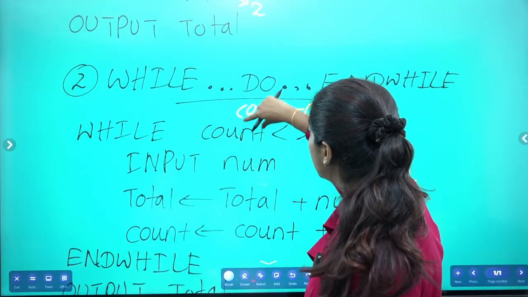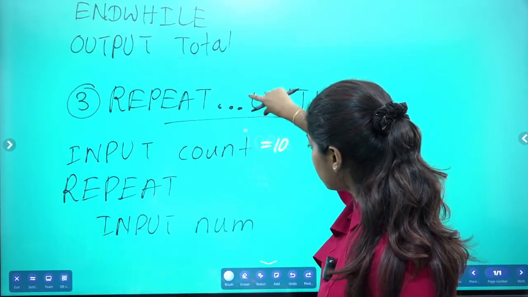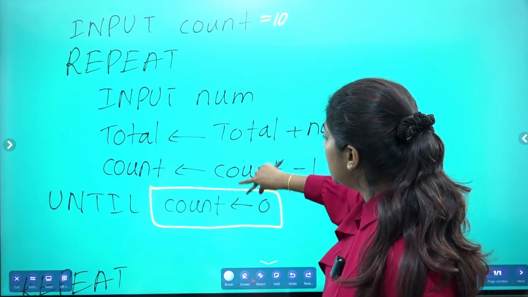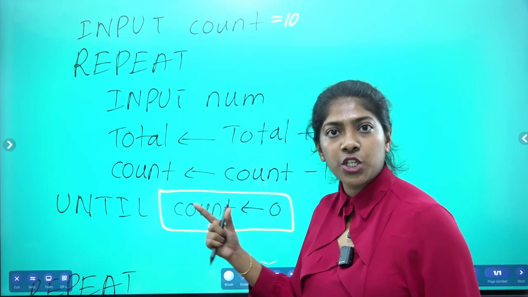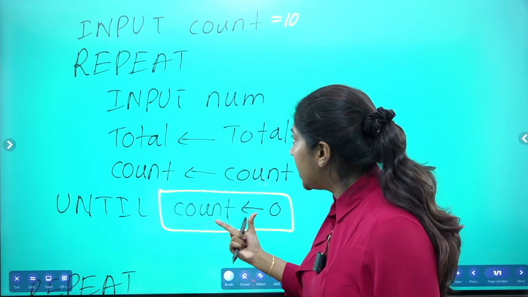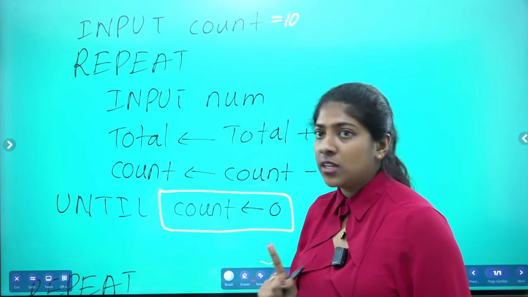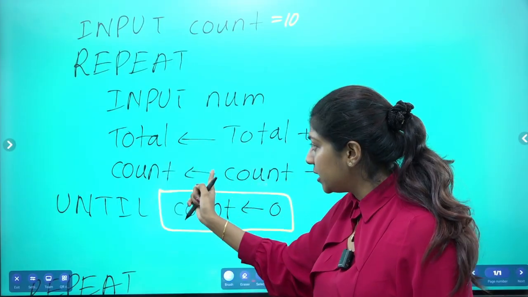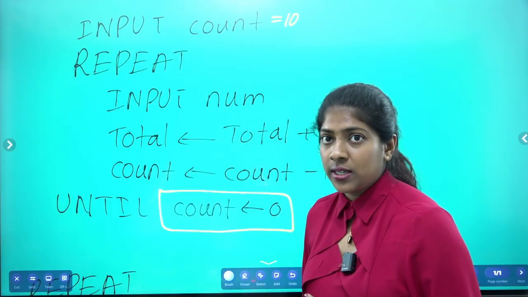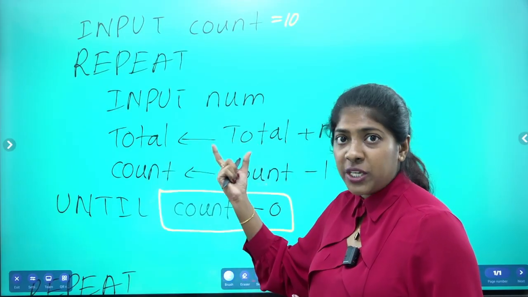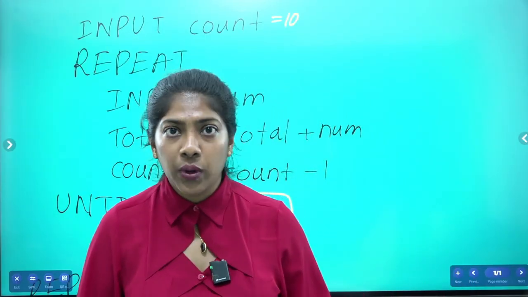While also checked the condition at the beginning. But here the condition is checked at the end of the loop. In that case, this loop is run at least once. So inputting the number, totaling it and deducting the counter happens at least once. That is the major difference between while and repeat until loops.